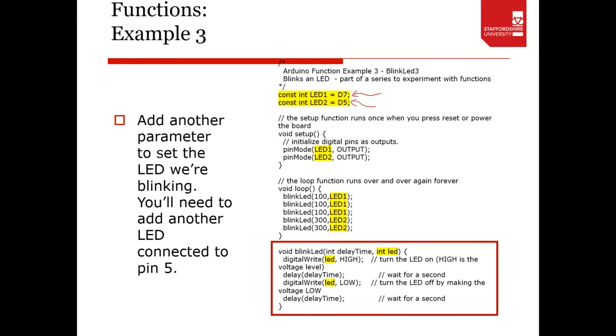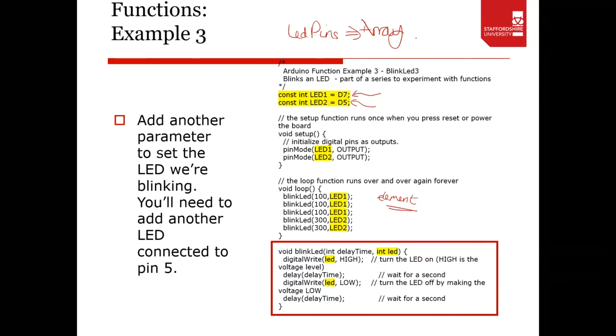So this time we've got LEDs on different pins. We could use our LED pins array from our previous program and send each element of the array to the same function.